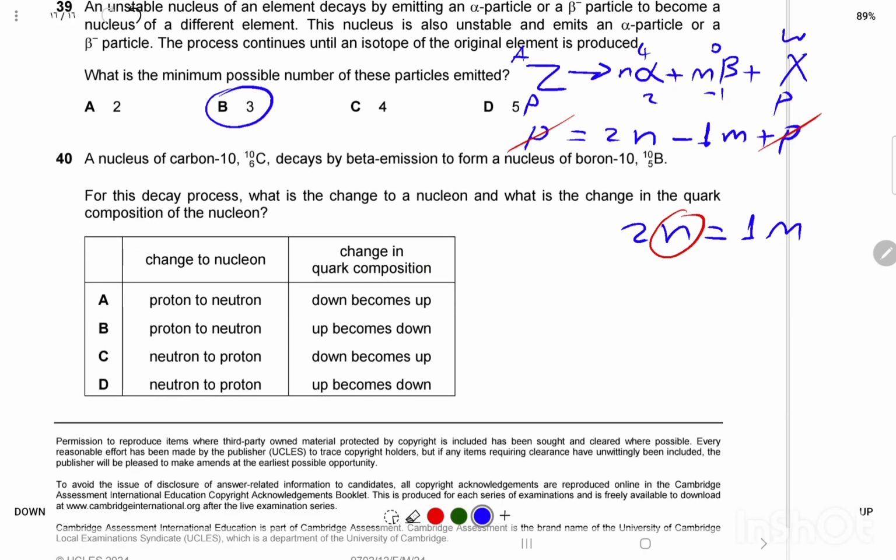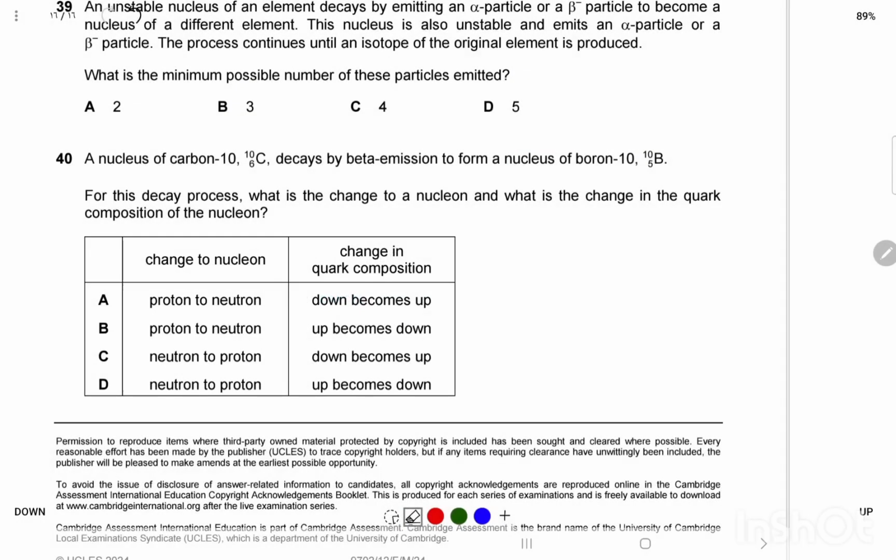Question 40 now. A nucleus of carbon 10 6 decays by beta emission to form a nucleus of boron 10 5. For this decay process, what's the change to a nucleon, and what is the change in the quark composition of the nucleon?